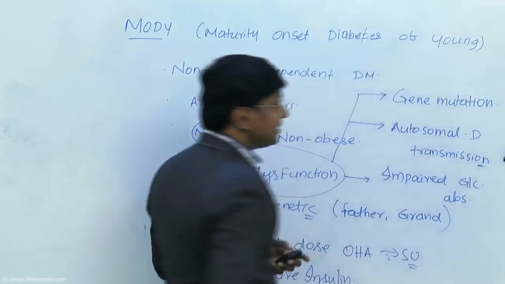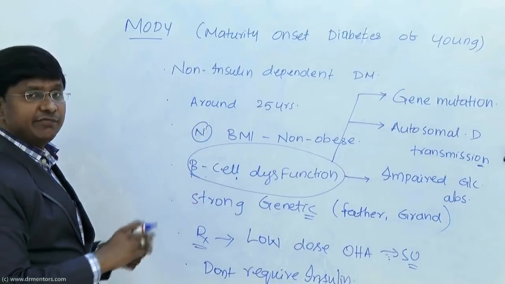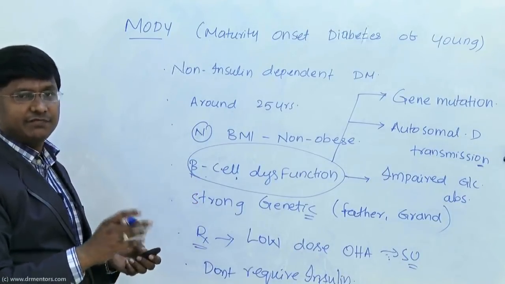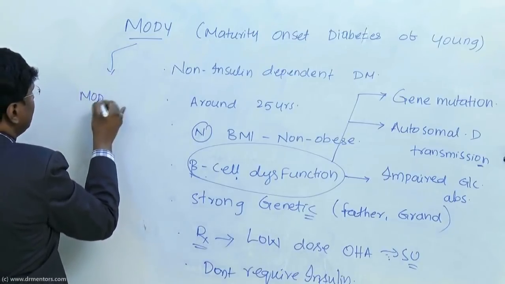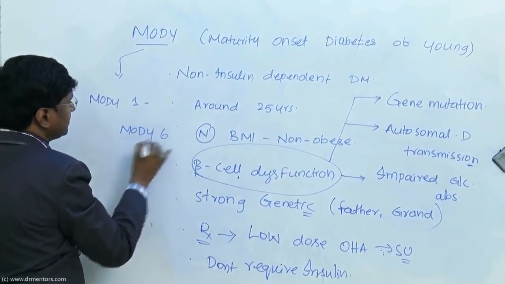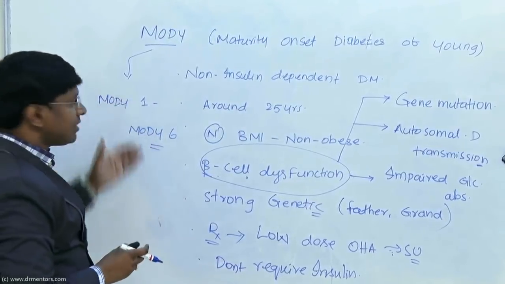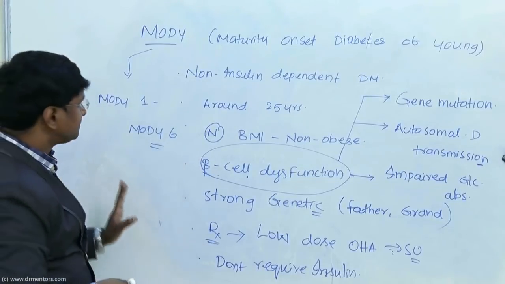Now, we have various forms of MODY, starting from MODY 1 to MODY 6. In each form of MODY there is a different gene mutation, which we will discuss.